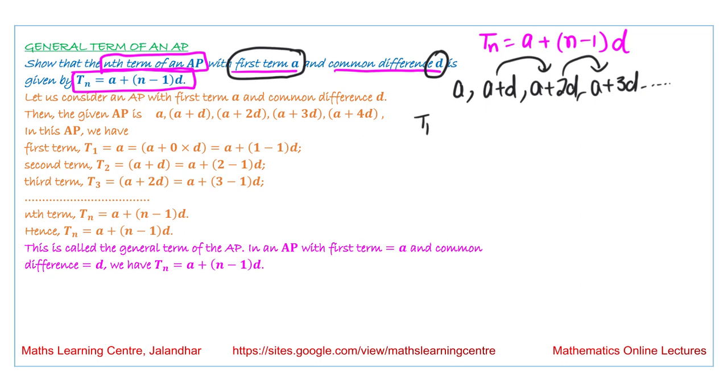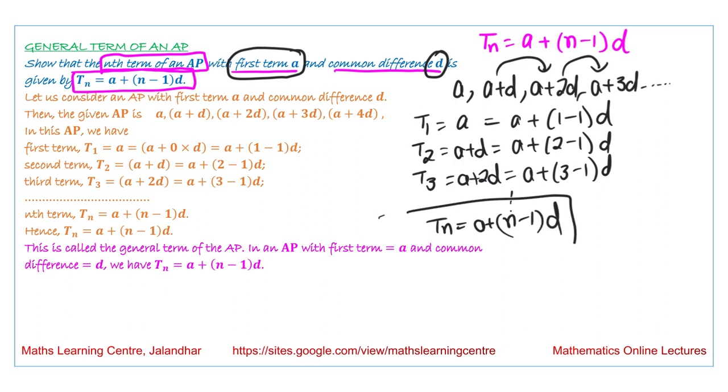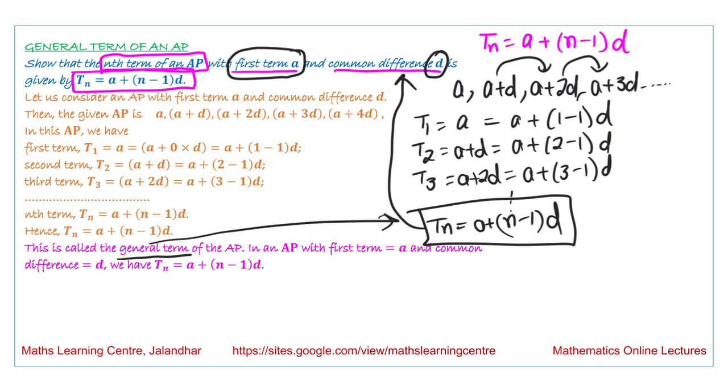So what we have is that T1 is equal to A, that is equal to A plus 1 minus 1 D. T2 is A plus D, that is equal to A plus 2 minus 1 D. T3 is A plus 2D, that is A plus 3 minus 1 D. So continuing in this way, when we generalize this result, it is A plus n minus 1 D, and this is what we have to prove, that Tn is equal to A plus n minus 1 D, and this term Tn is called the general term of the AP.